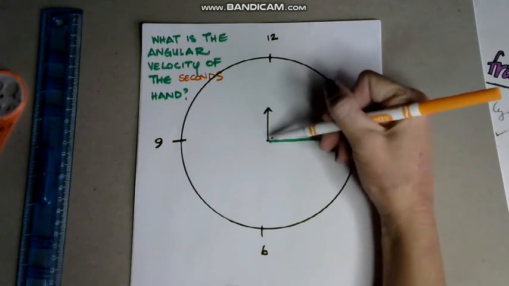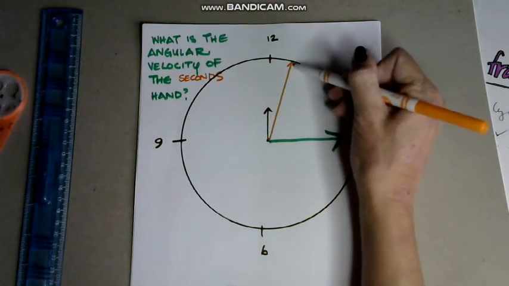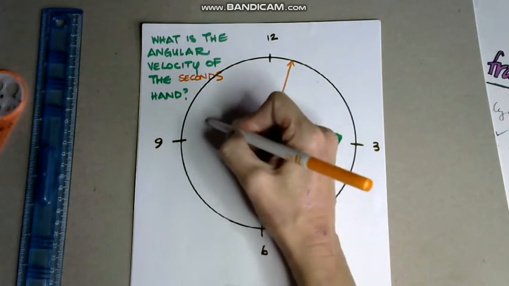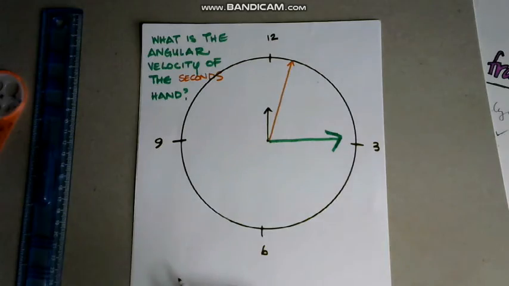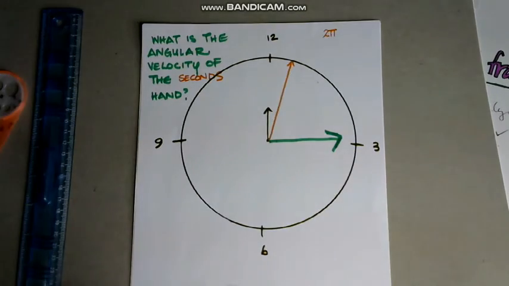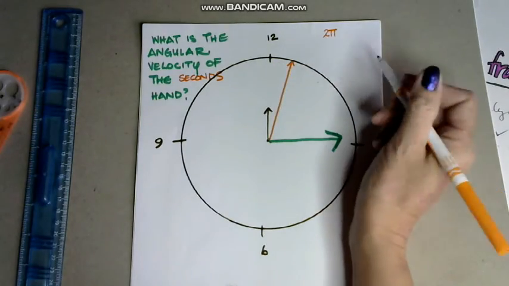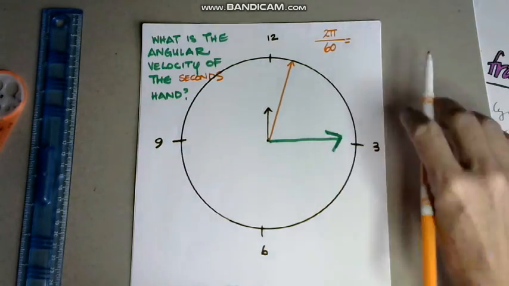So imagine this is my seconds hand. It's usually a much lighter color, and it's ticking around my clock. Once it gets all the way around, how many radians is that? Well, we know that it is 2 pi radians. And how many seconds does it take to get all the way around the clock? It takes 60 seconds. Yay.